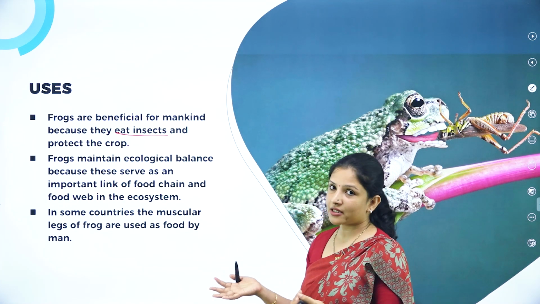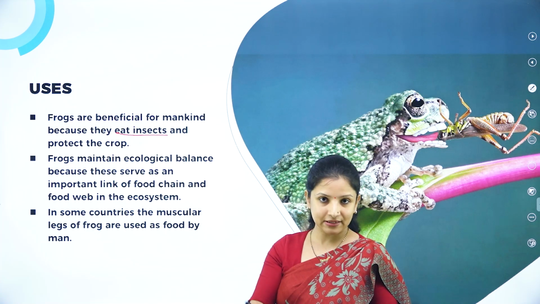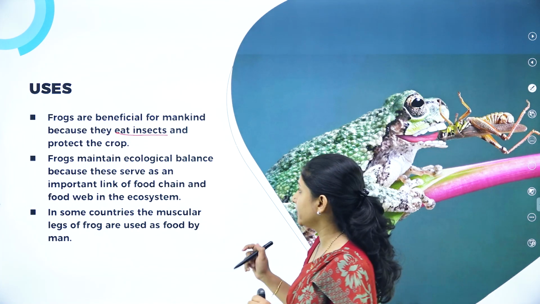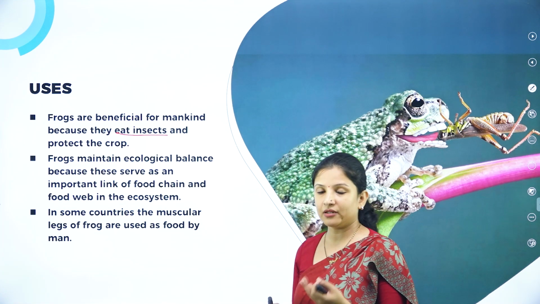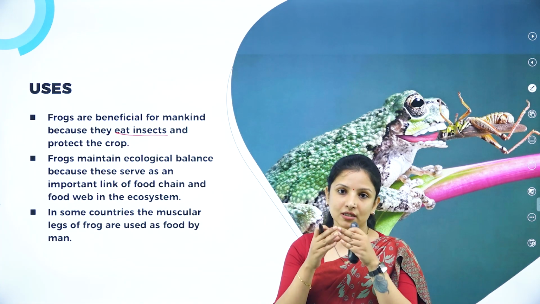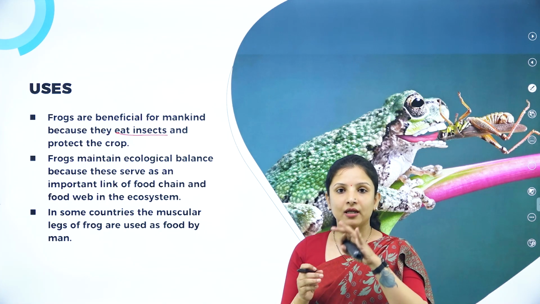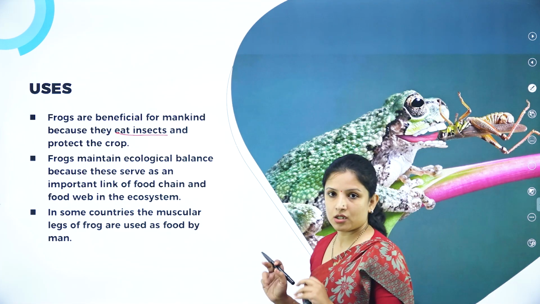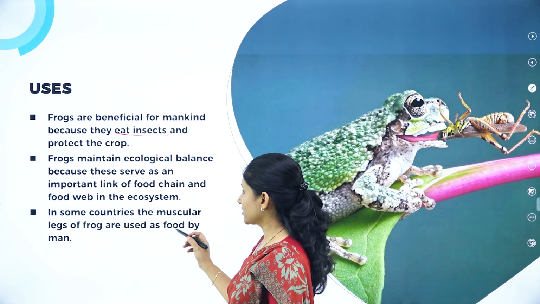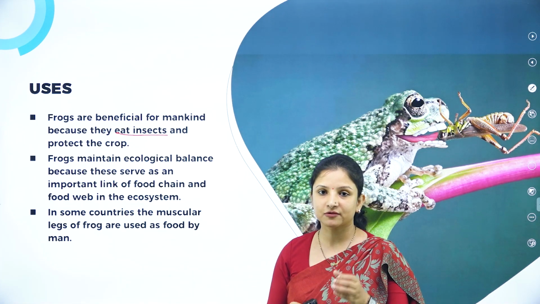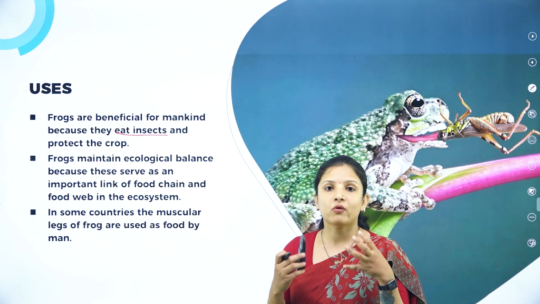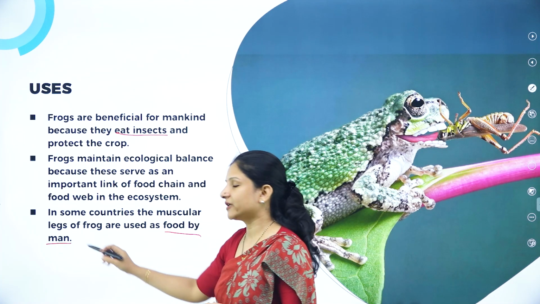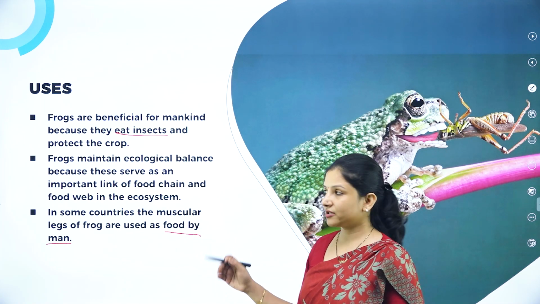Because frogs feed a lot on these insects, the population gets balanced, and therefore an equilibrium is maintained in the ecosystem. Therefore frogs form an important link in the food chain, maintaining equilibrium. And in some countries, the muscular legs of the frog, especially the hind limbs, are used as food, in preparing lots of delicacies.